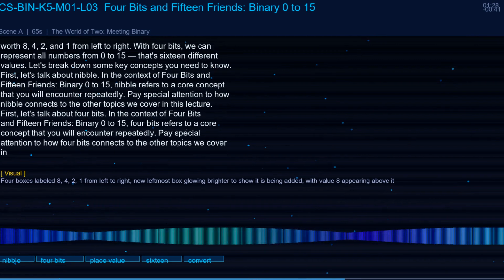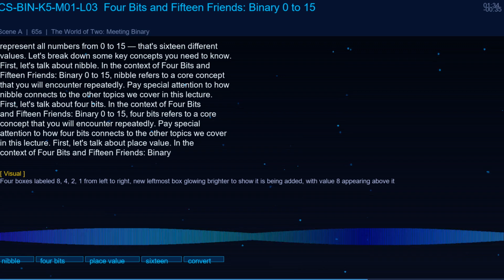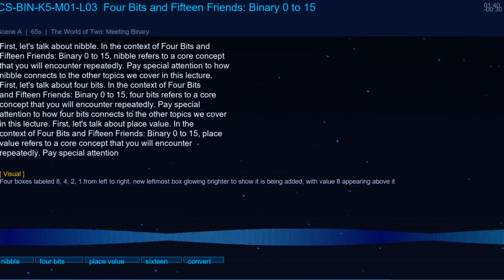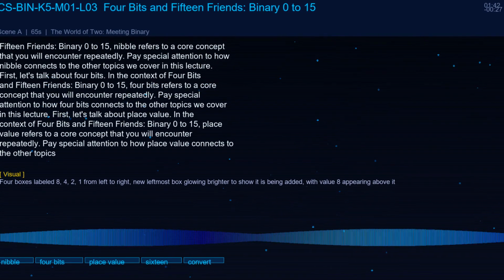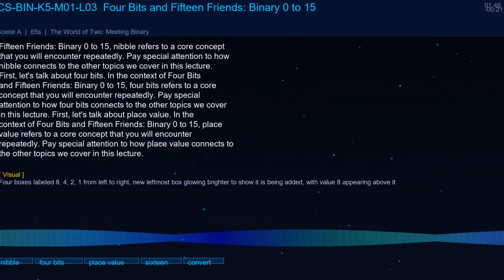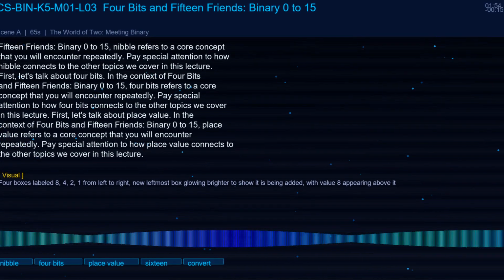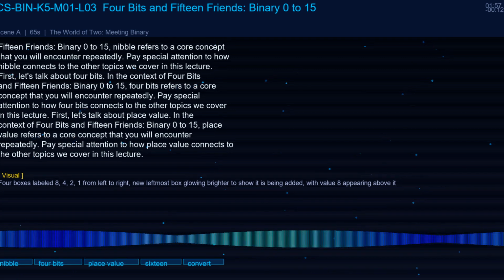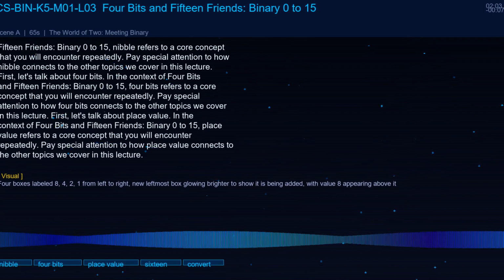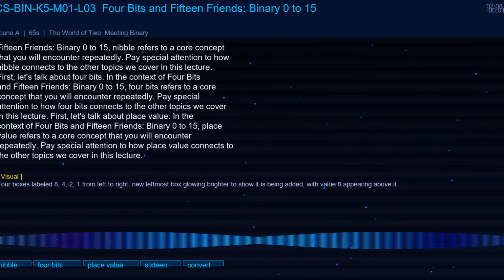Next, 4 bits, which is also a core concept you will encounter repeatedly. Then place value, another core concept. Pay special attention to how each of these connects to the other topics we cover in this lecture.